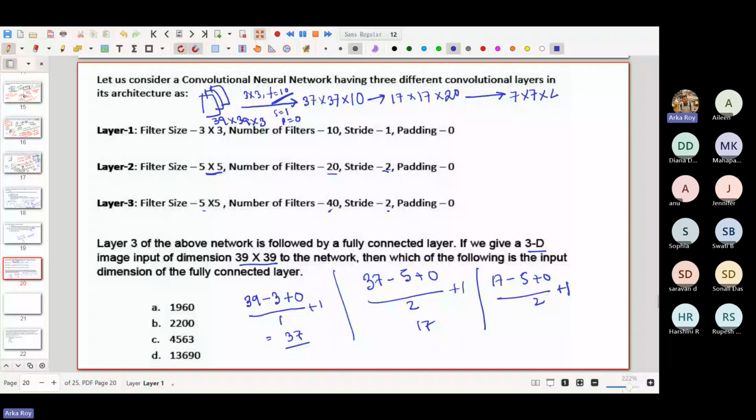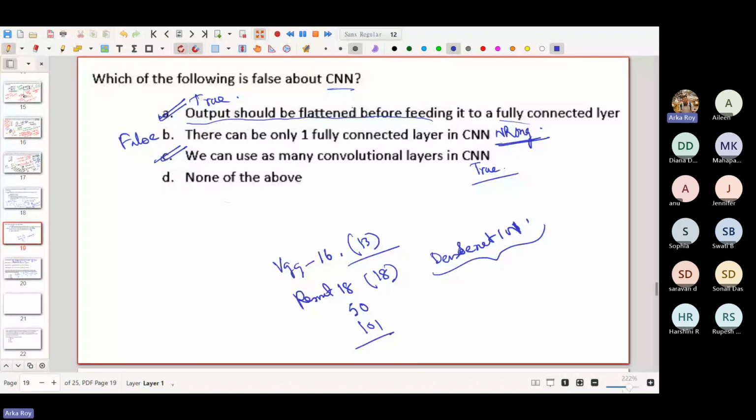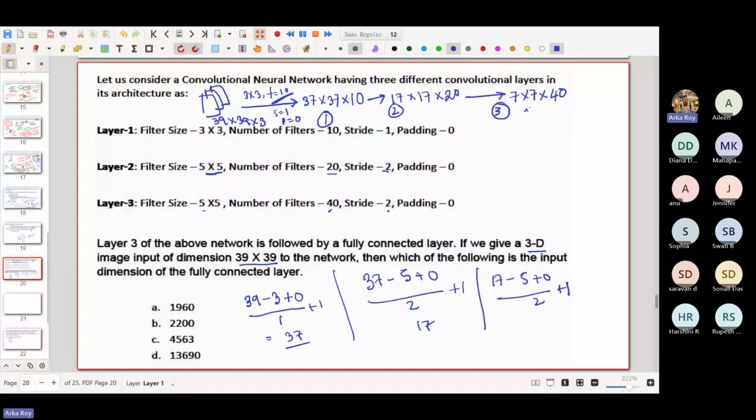Now let us read the question. Layer 3 of the above is followed by a fully connected layer. So what we have seen in the previous slide, that output should be flattened before feeding to a fully connected layer. So this is a tensor.